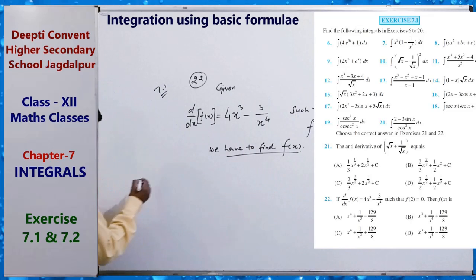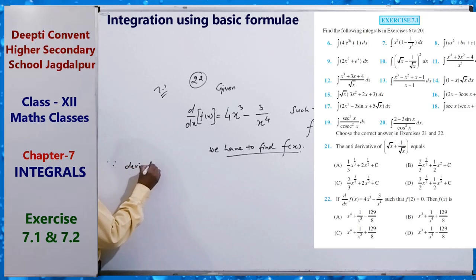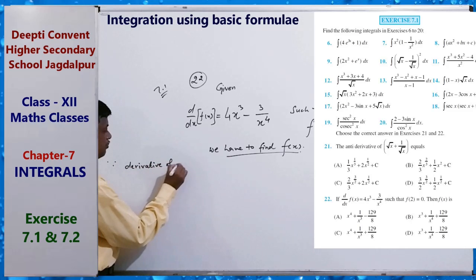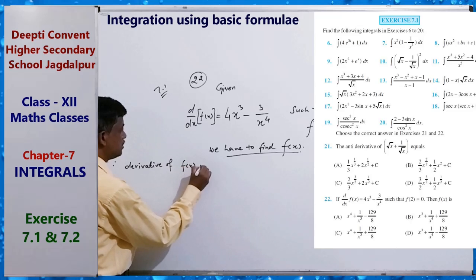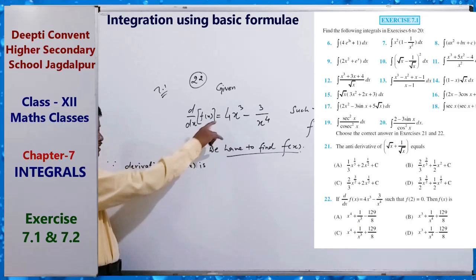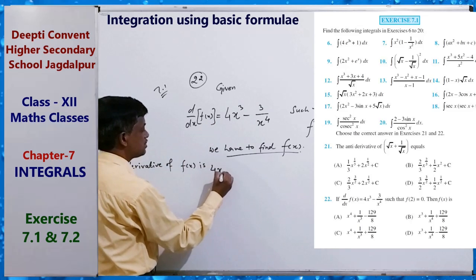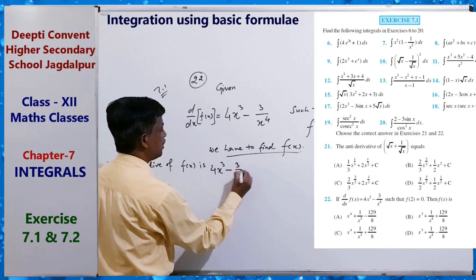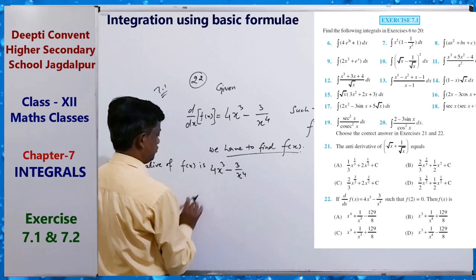Since the derivative of f(x) is 4x cube minus 3 by x to the power 4.